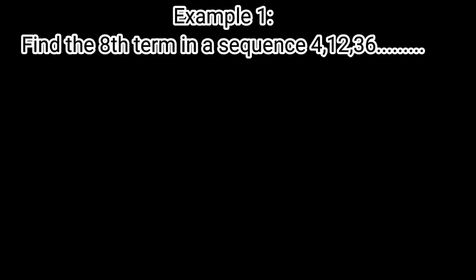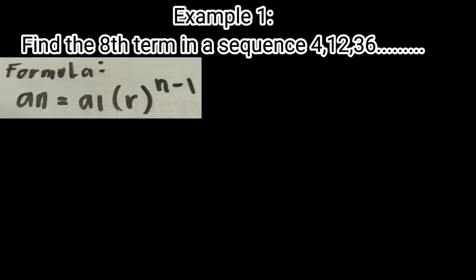So, let's go, guys! For example, we have here, find the 8th term in the sequence 4, 12, 36, and so on. It's geometric, right? So here's our formula. An is equal to A1 times R raised to n minus 1.